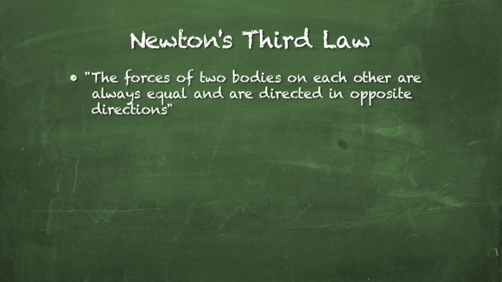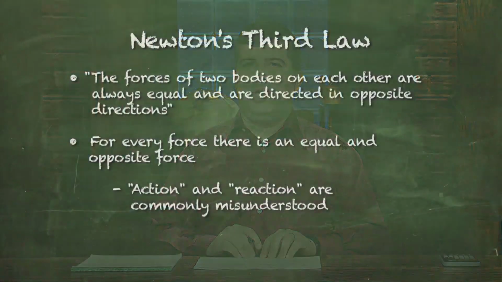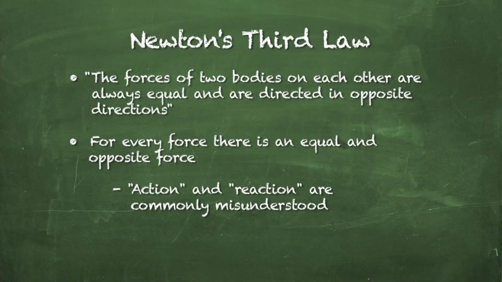Well, that's a little bit confusing because the terms action and reaction have changed meanings over the years. When that law was expressed that way, the words action and reaction meant force. Action meant what we now call force. So a better way to say Newton's third law is, for every force there is an equal and opposite force.